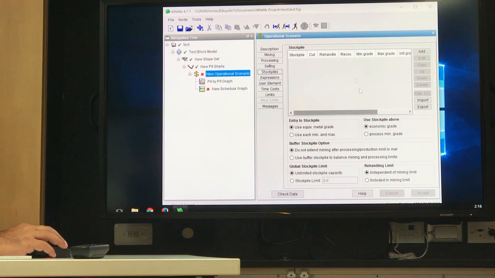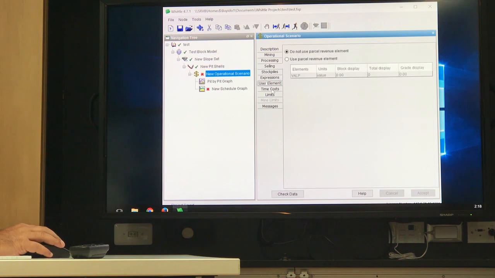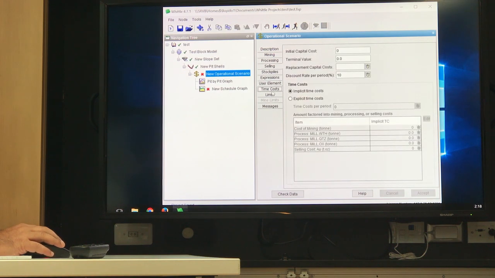There are, again, advanced options like stockpiling low-grade material and sending it to the mill at the end of the mine life. Why? Because you want to send high-grade material at the beginning and keep all those low grades for the end, because you want to have a shorter period of return.